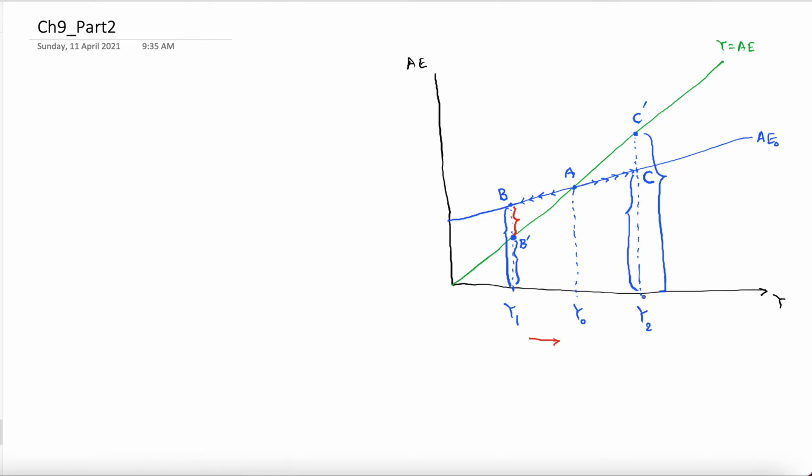So it means that part of the production is not planned and it's going to go to inventories. So these are unplanned inventory changes.